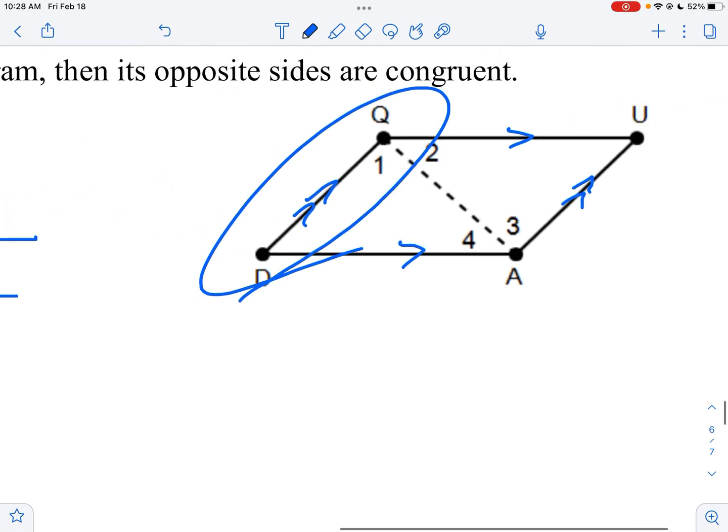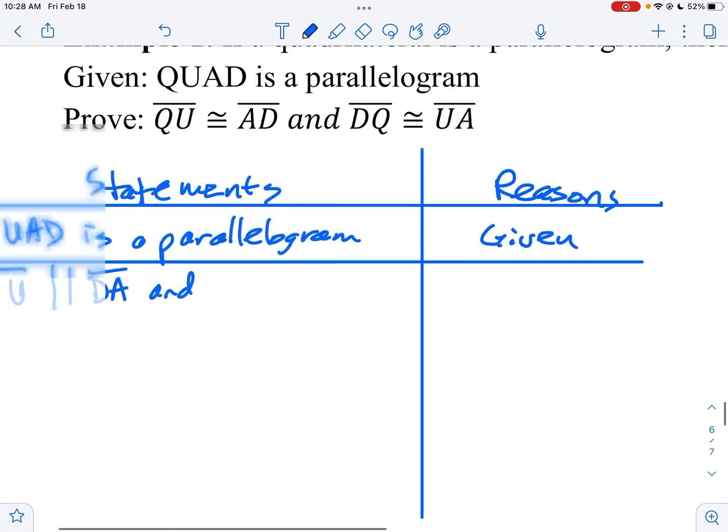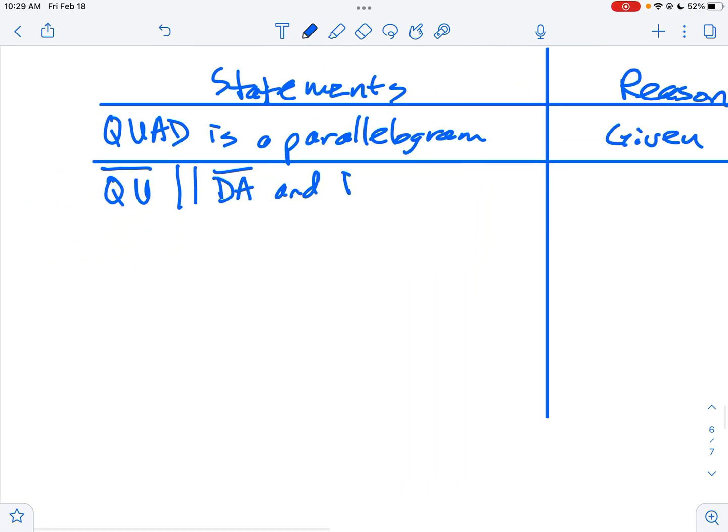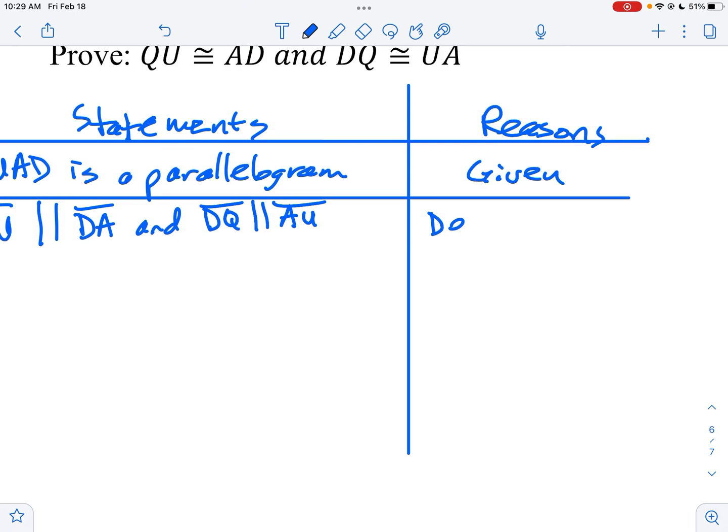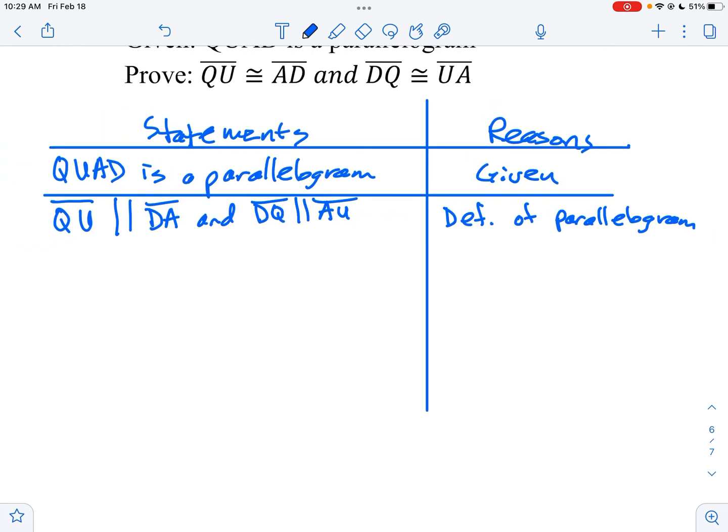So that's DQ and AU are parallel. DQ parallel to AU. And that's just the definition of a parallelogram. We know it's a parallelogram, which tells us opposite sides are parallel. So, definition of parallelogram. Nice. So we got that.